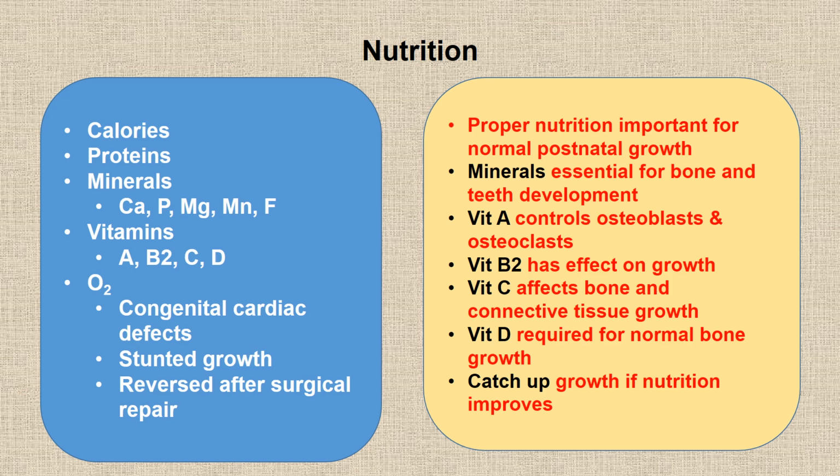This can be seen in children with congenital cardiac defects, who have stunted growth, and this is reversed once the cardiac defect is repaired by surgery. So, proper nutrition is important for normal postnatal growth.